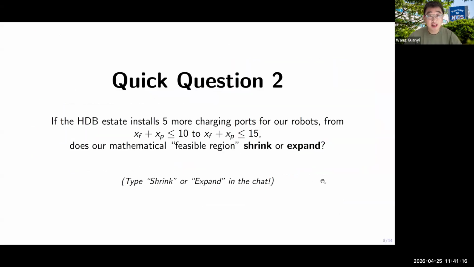Let's have the second question. In previous cases, we realized that for the HDB robot delivery, we have two types of constraints. Now, suppose the situation changes a little bit, and we install 5 more charging ports to our robots.